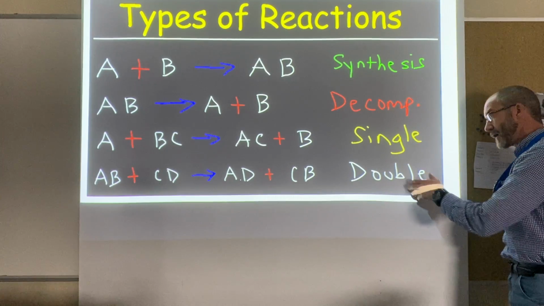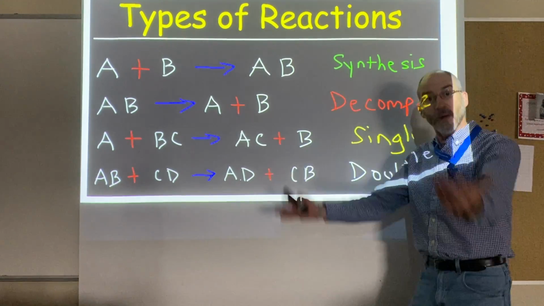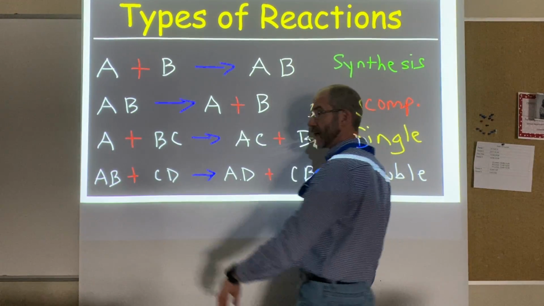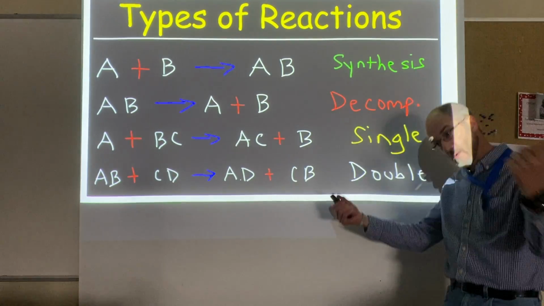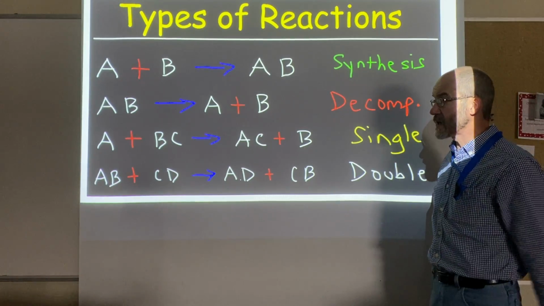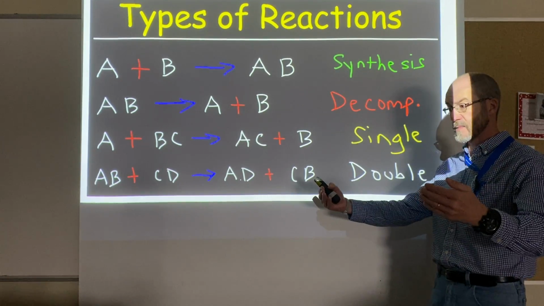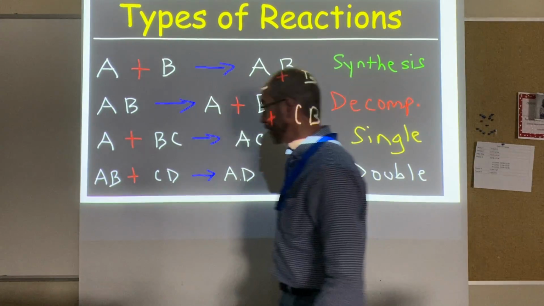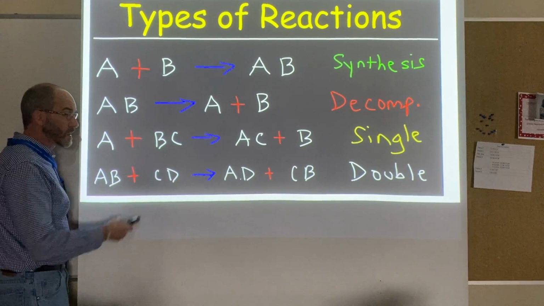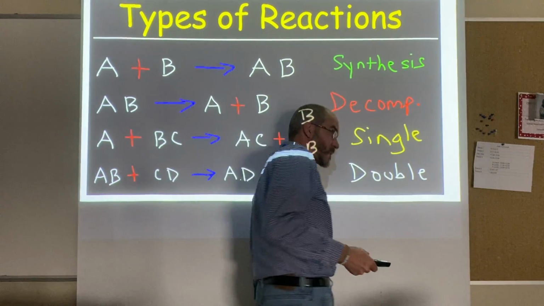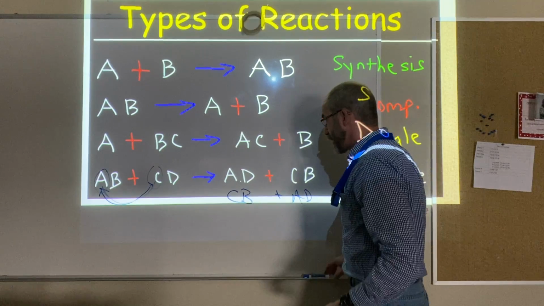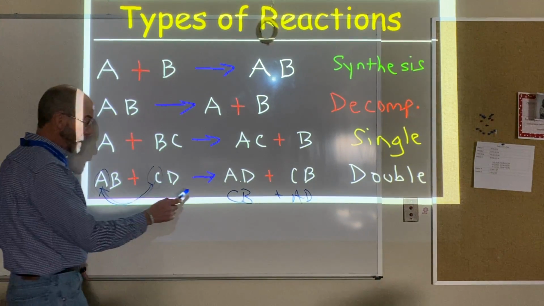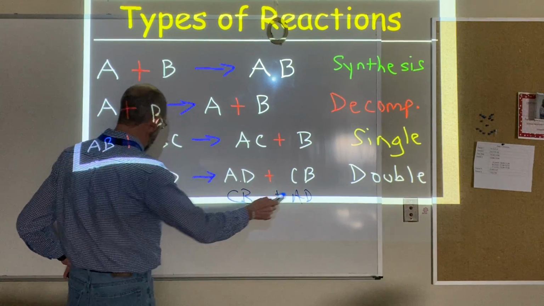All right, what about a double? I think you're probably already a step ahead of me. If this is a single, then a double is just going to be two items. In this case, it's also noteworthy because those two items are displacing or replacing one another. So we have AB plus CD. I honestly would have done this a little bit differently, and I would have written CB plus AD.